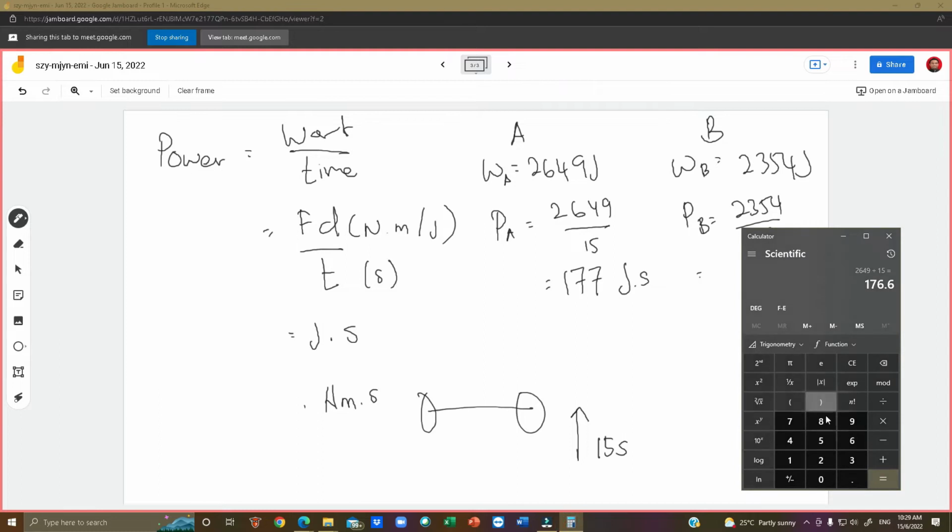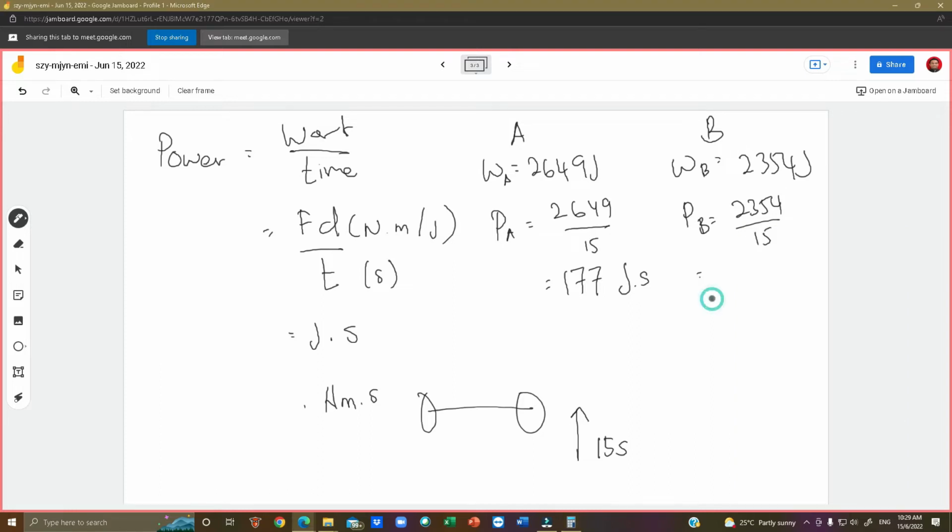And the second one, we have 2354 divided by 15, 156.9, 157 joules per second. Okay, jadi joules per second ni pun kita boleh tulis dalam bentuk wattage, watt. Can become 177 watt.